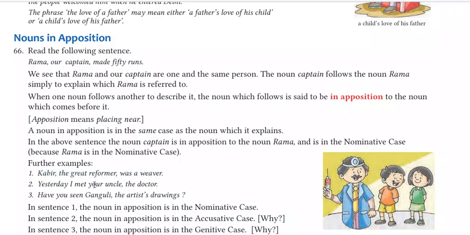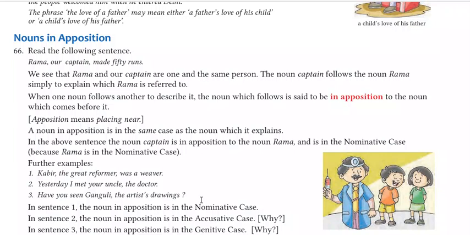Yesterday I met your uncle, the doctor. Have you seen Ganguly, the artist's drawing? In sentence 1, the noun in apposition is in the nominative case, so the great poet is nominative.